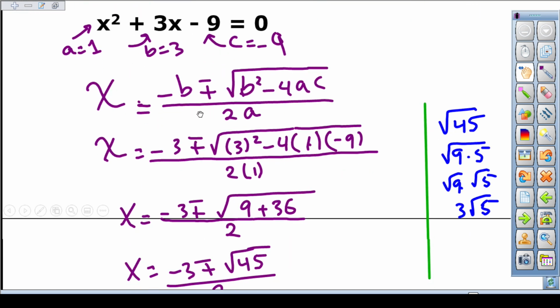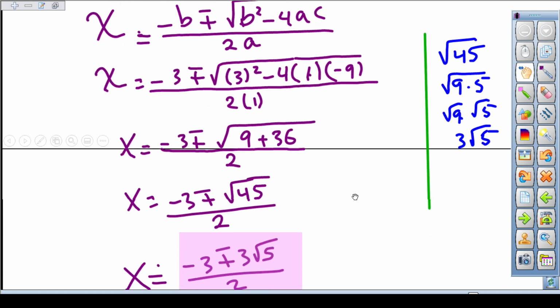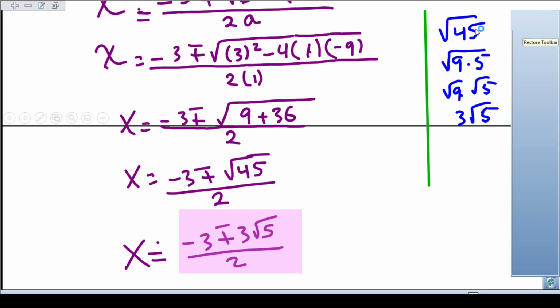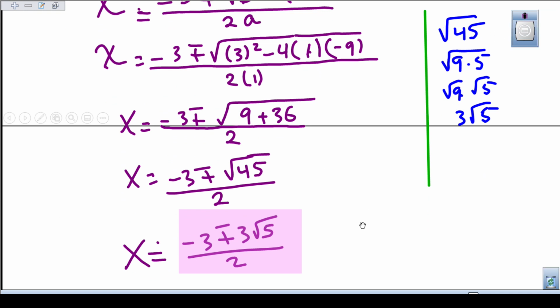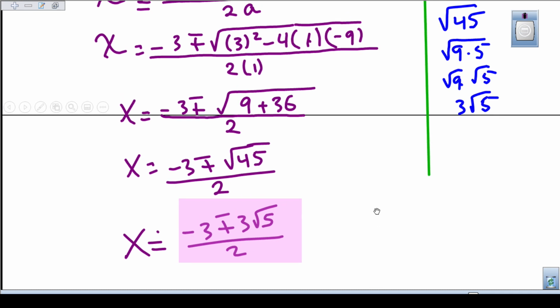And I really have to know the quadratic formula, negative b plus or minus square root of b squared minus 4ac divided by 2a. I would just fill in the information. If there's any way for me to simplify the radicals, I need to do that. And that's what I did. And that is the answer.